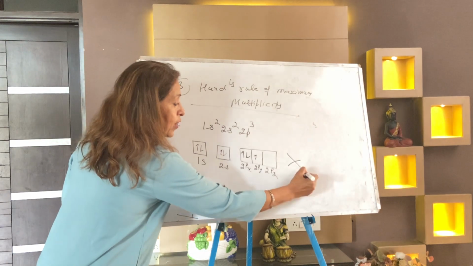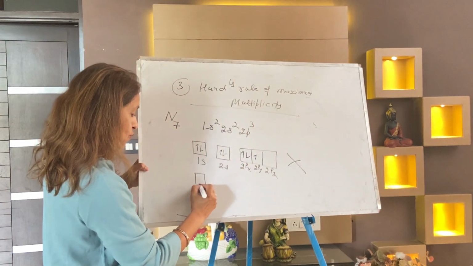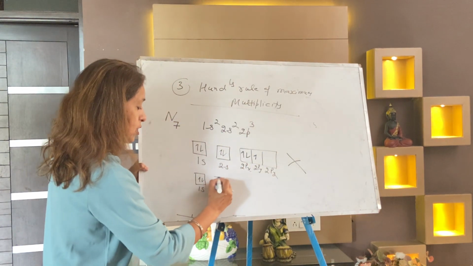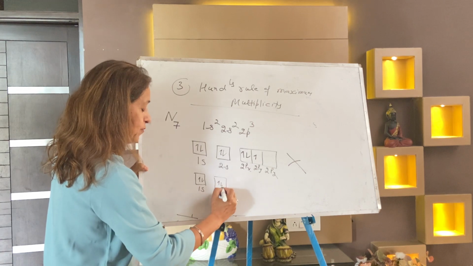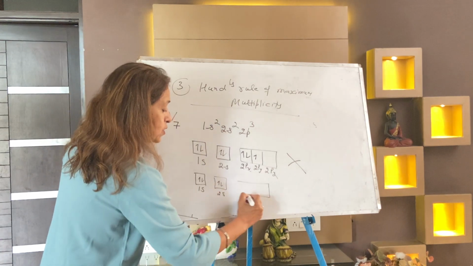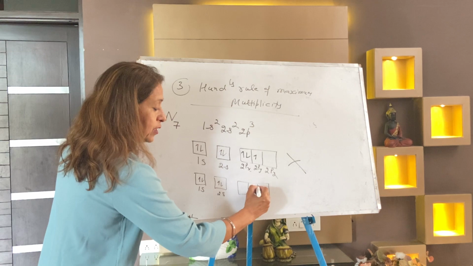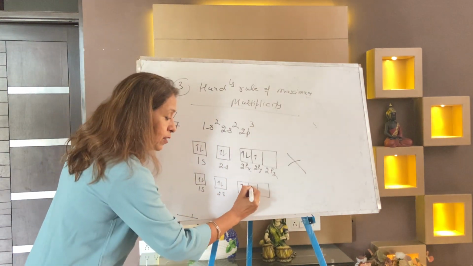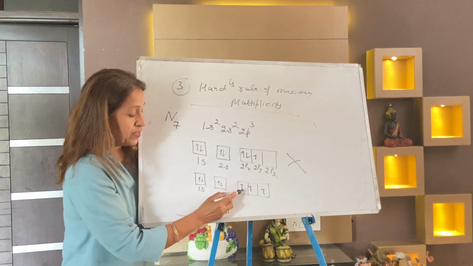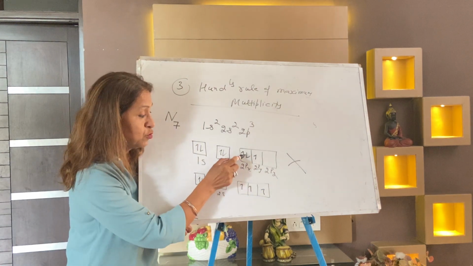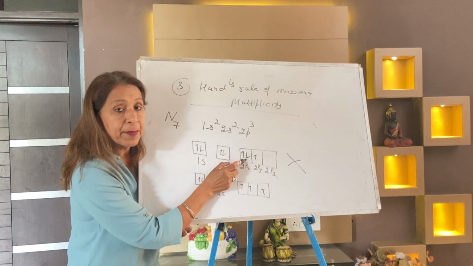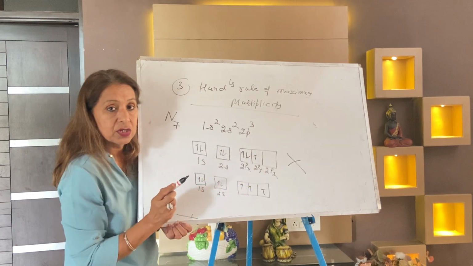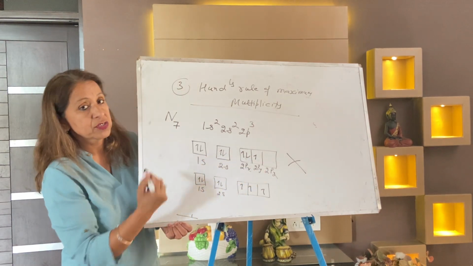I don't say it is the wrong way. 1s2, it's okay, good. 2s2 is right. But because these 3 orbitals are of the same energy, 1 here, 2 here, 3 here. First of all, no pairing can take place. You have paired up here without unpairing each. First unpair each, after that start pairing.